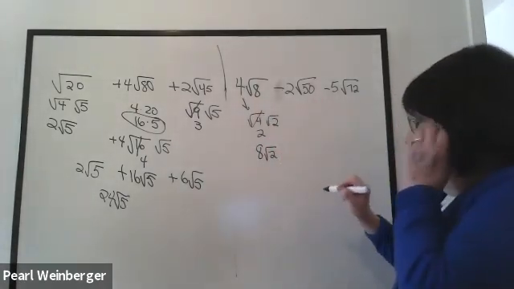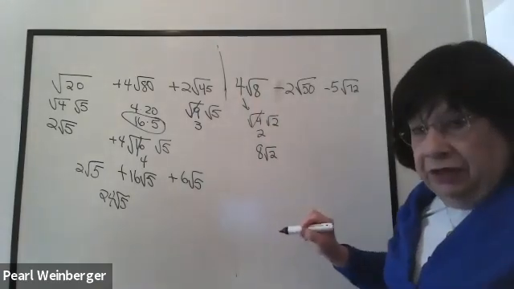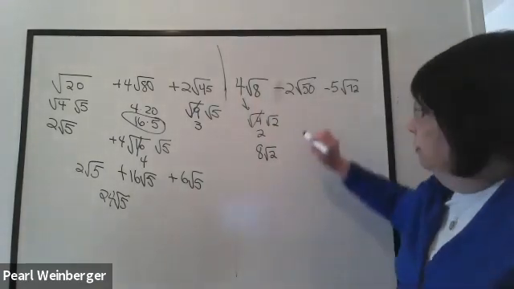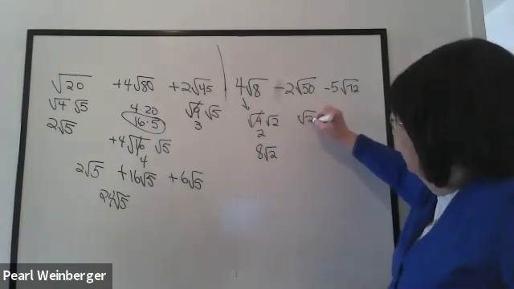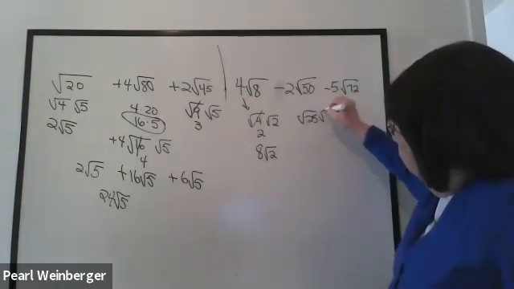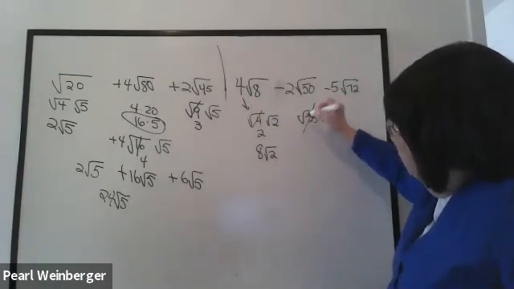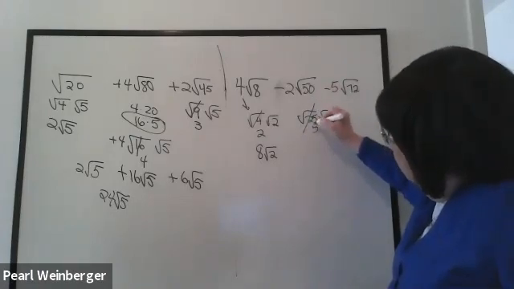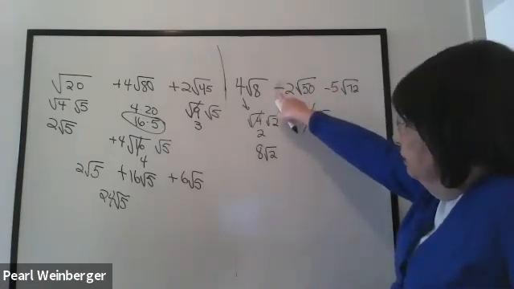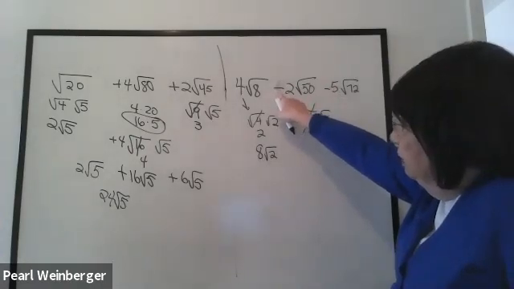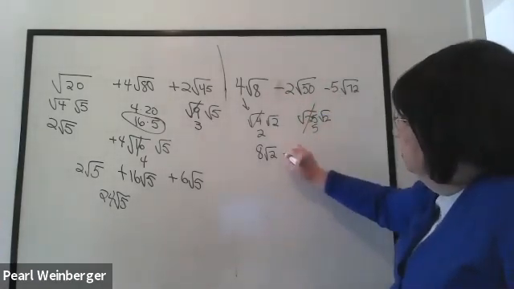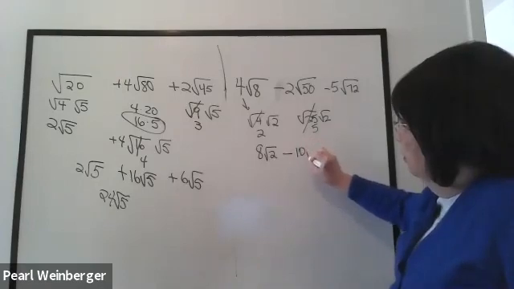Then the 50. We did 50 before, so you should remember this. It breaks up into 25 and 2. And the square root of 25 is 5. But remember, there was a negative 2 in front of it before, so the negative 2 times the 5 gives me negative 10 radical 2.